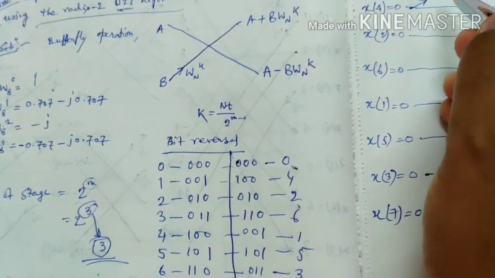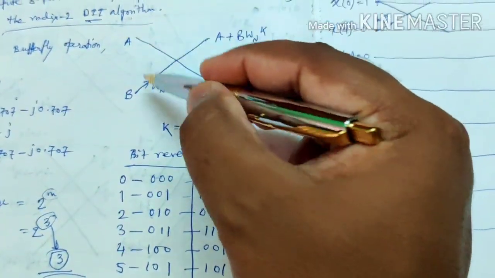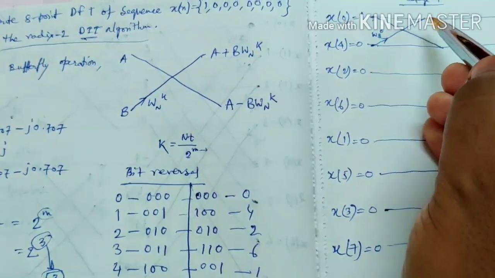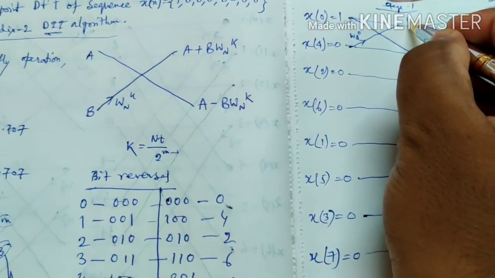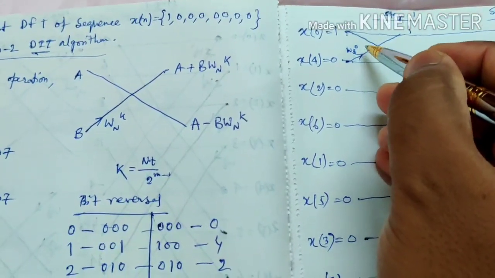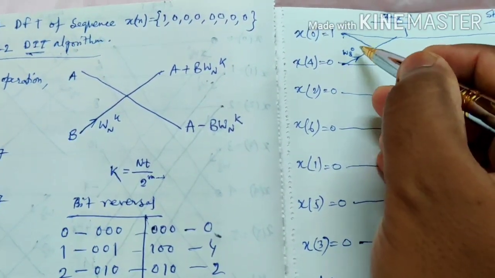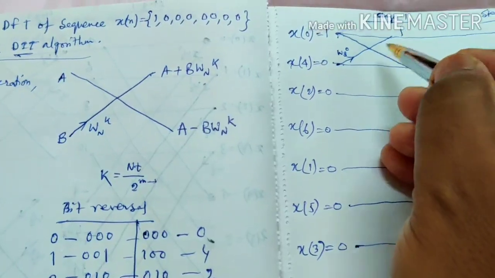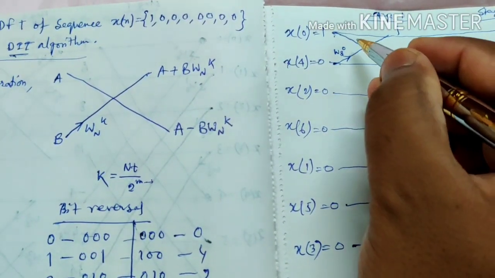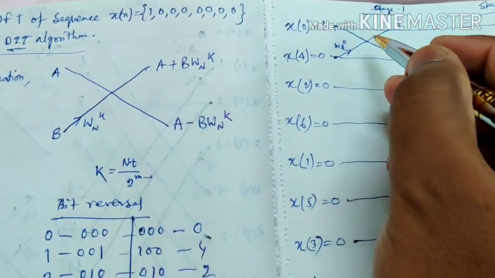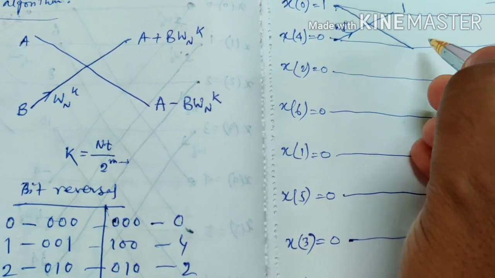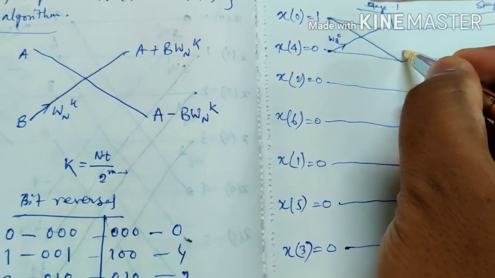So the values of A and B are 1 and 0. So the output will be A plus B omega N k, with omega 8 0 equal to 1. So 1 plus 0 into 1 is 1, and this value is 1 minus 0 into 1, which is 1.